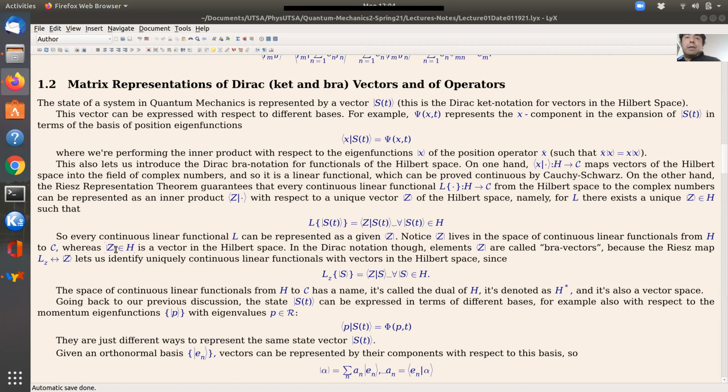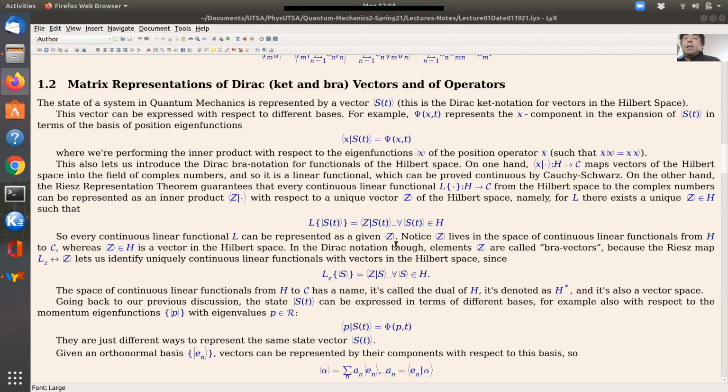And there's a difference because this other element, the ket vector, is a vector in the Hilbert space. The bra vector is a continuous linear functional. So mathematically, they're different. Think about it: if you multiply any state vector with something like this, you get a number, right? So it's acting as a linear functional from the Hilbert space to the complex numbers.